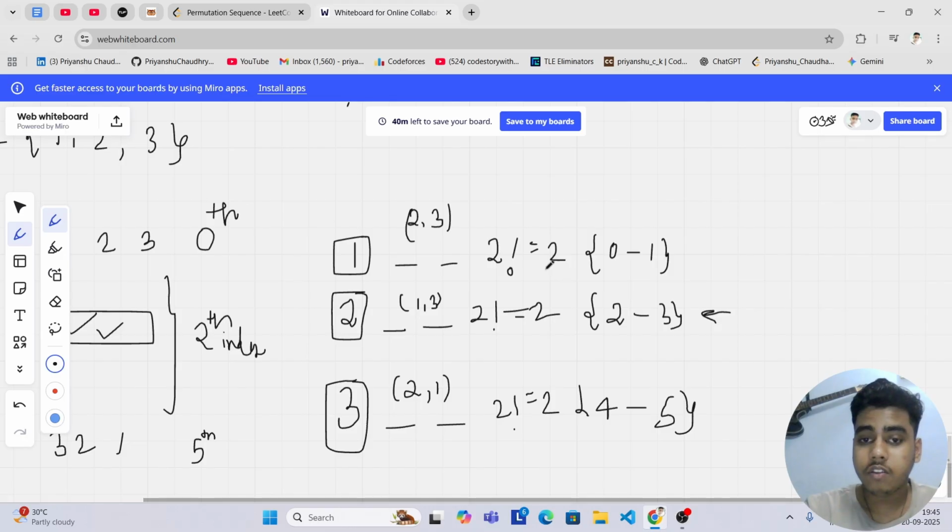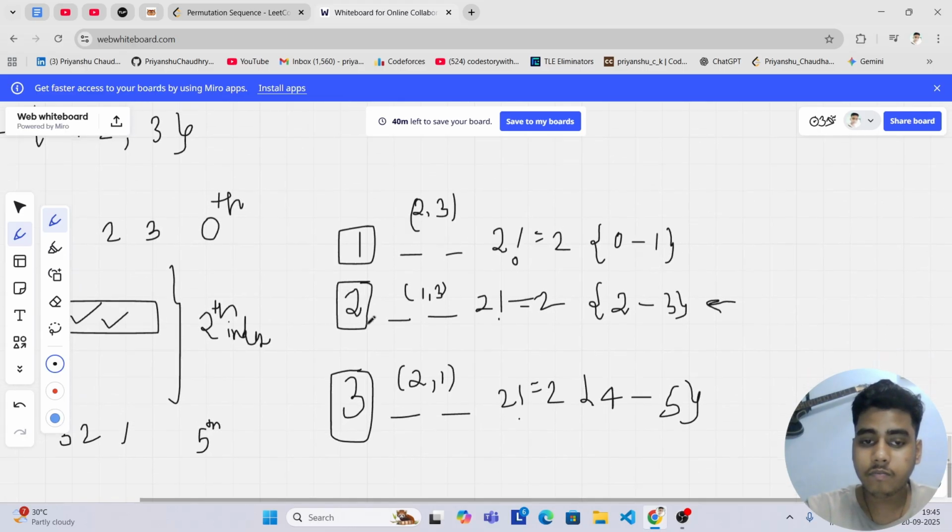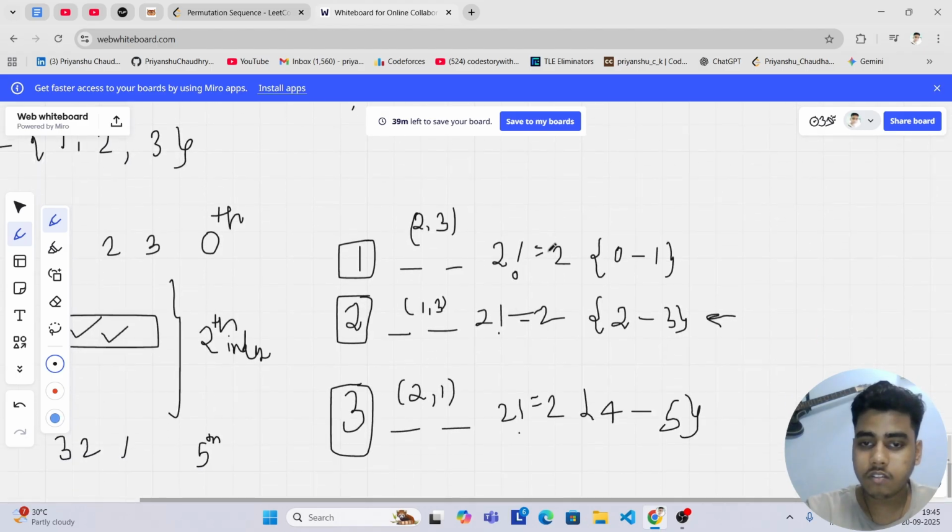We know that every block has a total of two combinations.